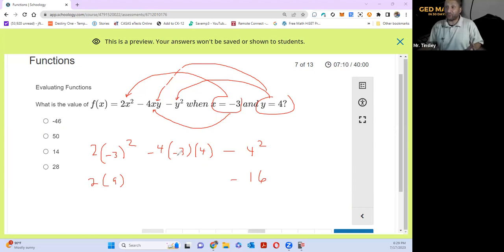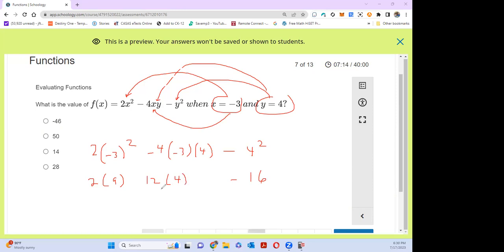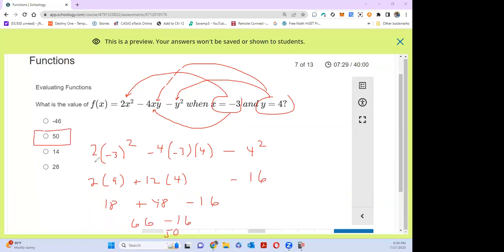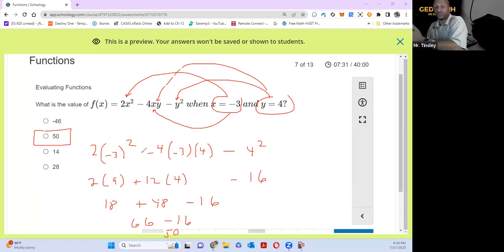Multiplication. Minus 4 times -3 is a positive 12. So you got 18 plus 48 minus 16. 66 minus 16. It's 50. But look how many places you can make a mistake.